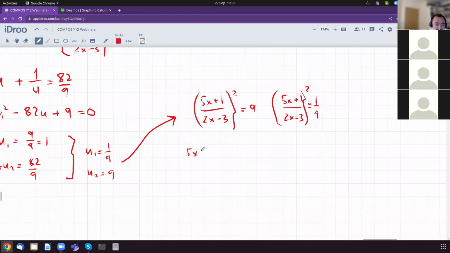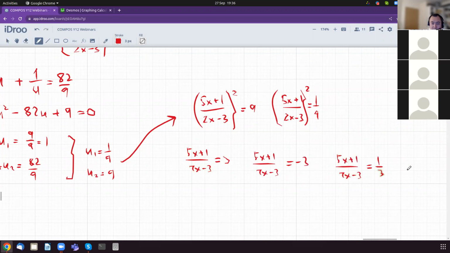So (5x plus 1) over (2x minus 3) equals 3, equals minus 3, equals a third, and equals minus a third.